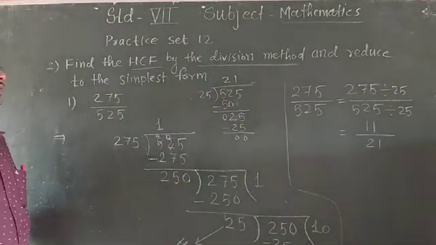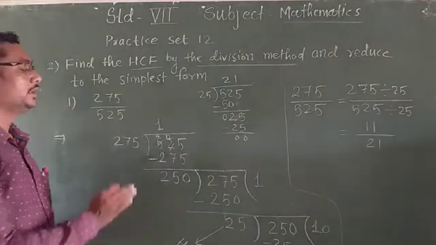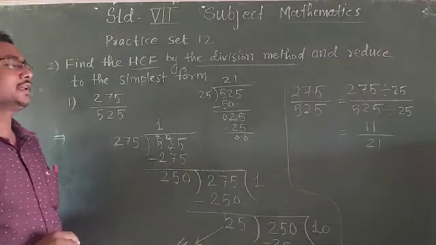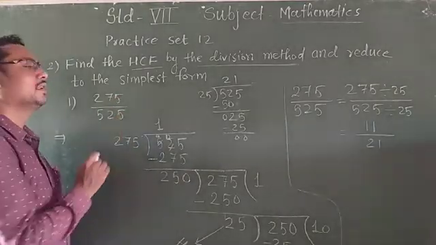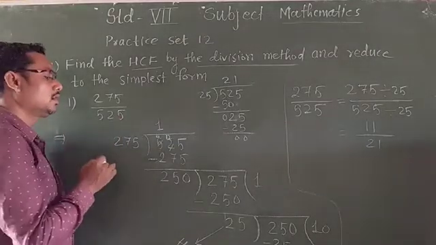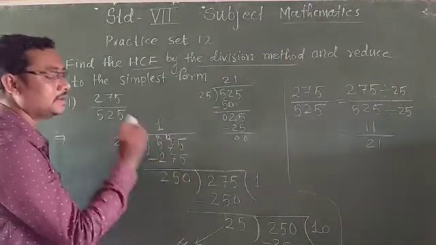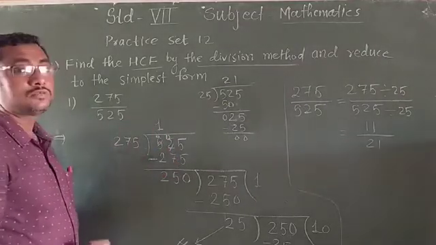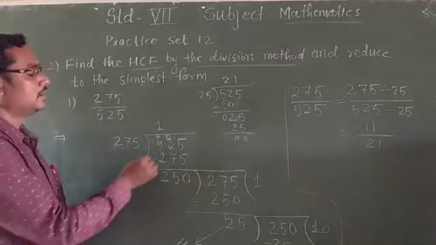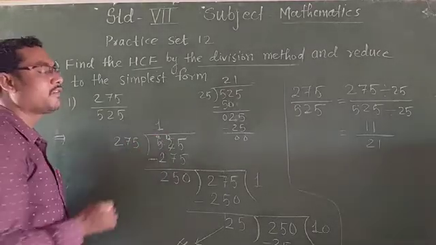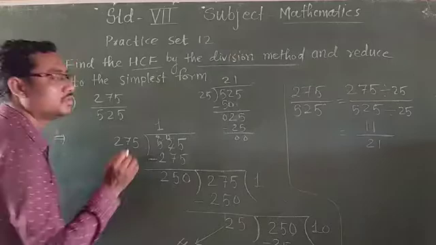In the division method we have to divide the bigger number by the smaller number. 275 is the smaller number and 525 is the bigger number, so we divide 525 by 275. 5 minus 5 is 0. Can we subtract 7 from 2? No, so we take 12. 12 minus 7 is 5. This 5 becomes 4, and 4 minus 2 is 2. So the number is 250.